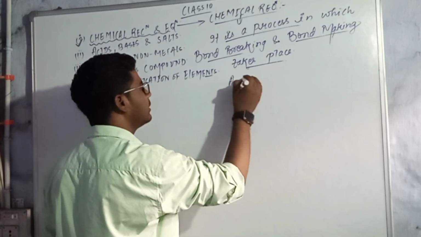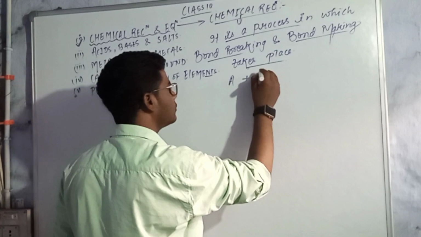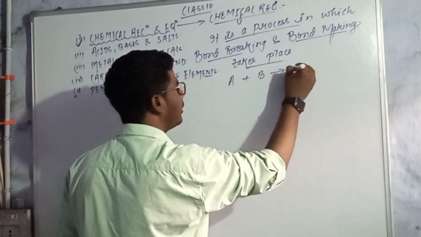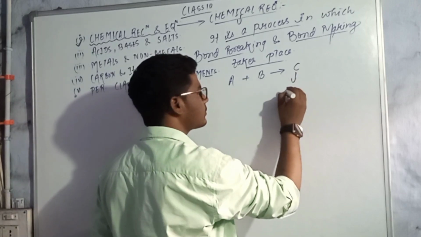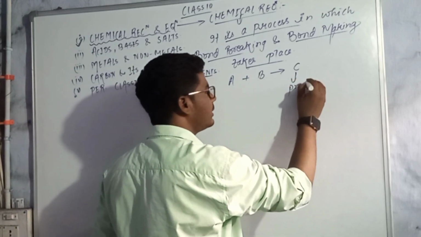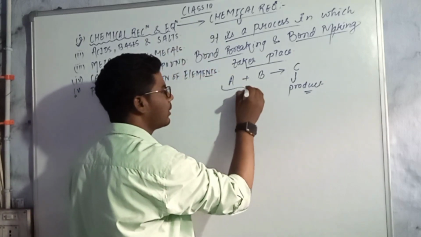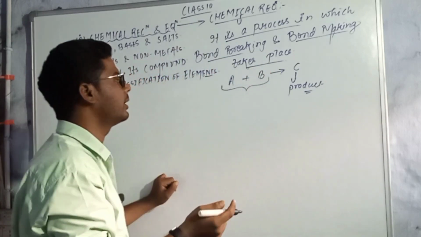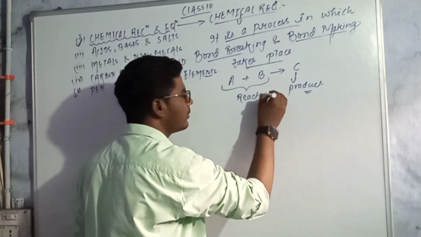In a general equation, suppose A is a substance which combines with B and we get a new substance C, which is called the product, and the substances which combine to form a product are called reactants.